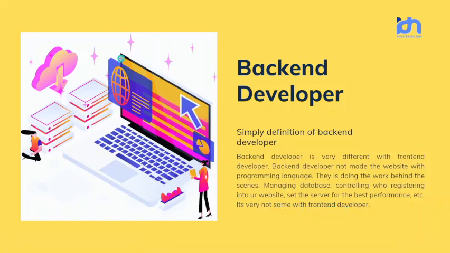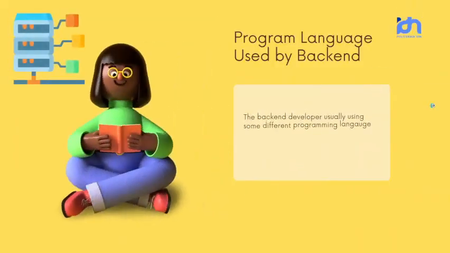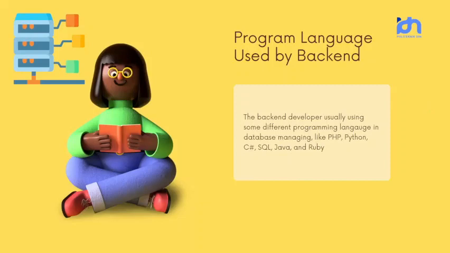You can see that the front-end developer just makes the design, just makes the visuals, and the backend developer sets the server, manages the database, and other data. Next, what programming languages are used by a backend developer?